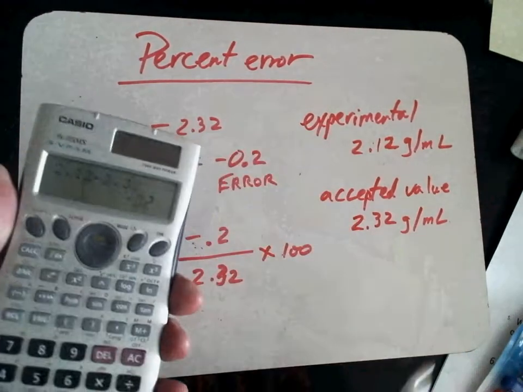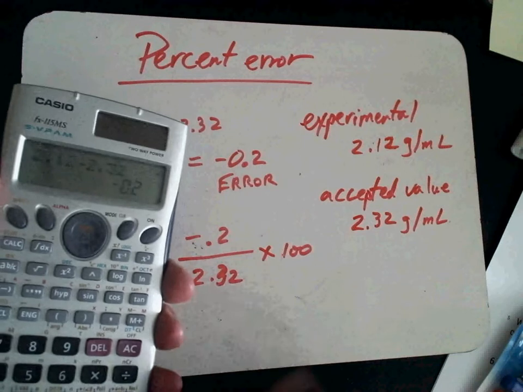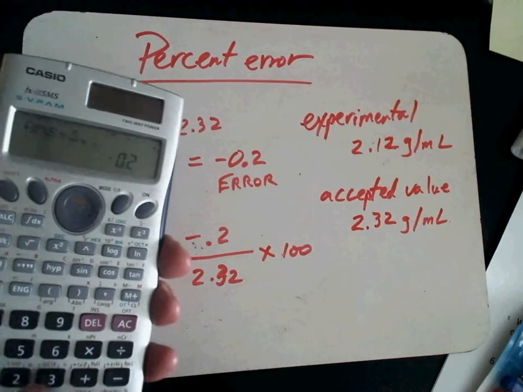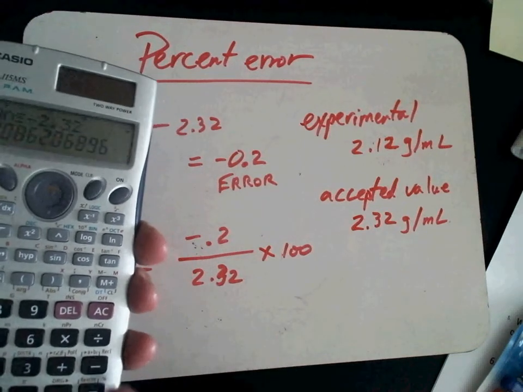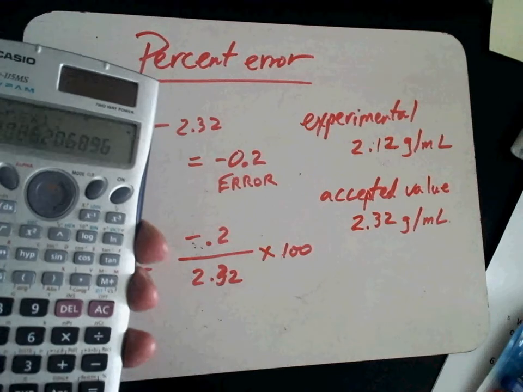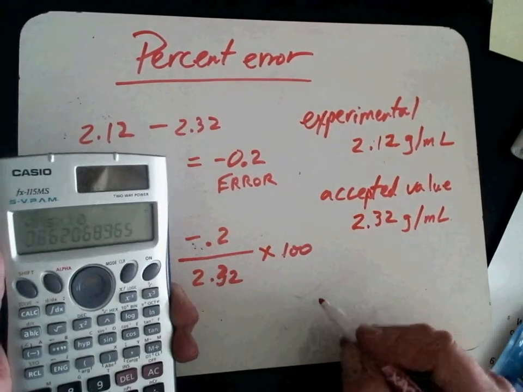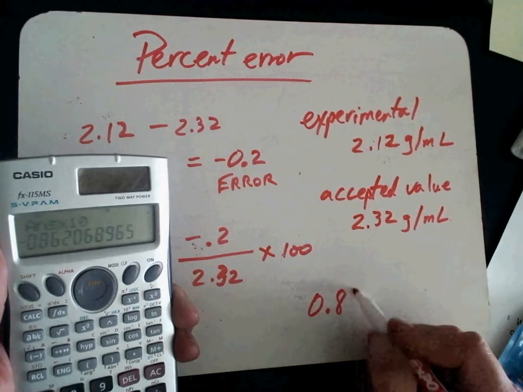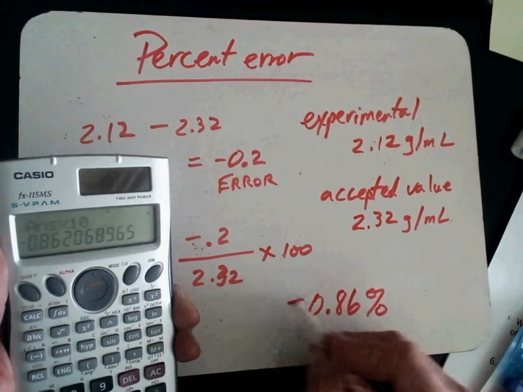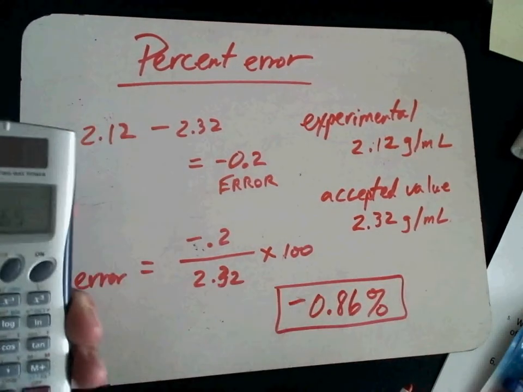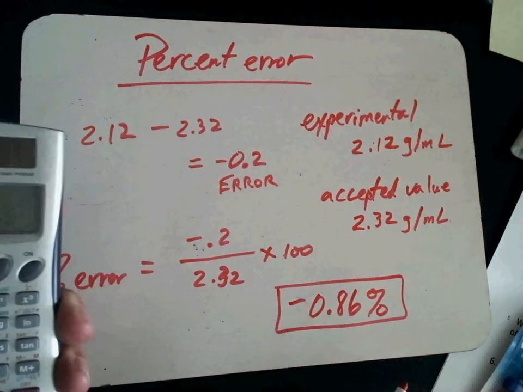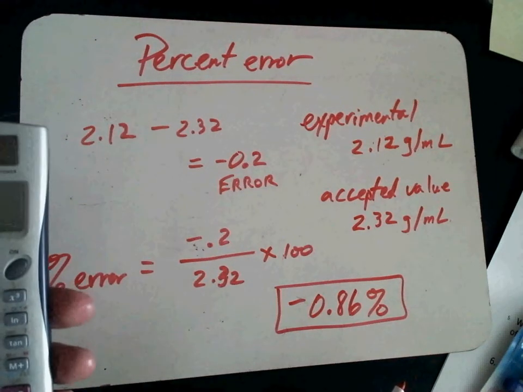So you take that negative 0.2, divide it by 2.32, and multiply it times 100. And I have, if these were my numbers, a 0.86% negative error. You may think, is that good? Yeah, that's really good. I was pretty close to the answer.